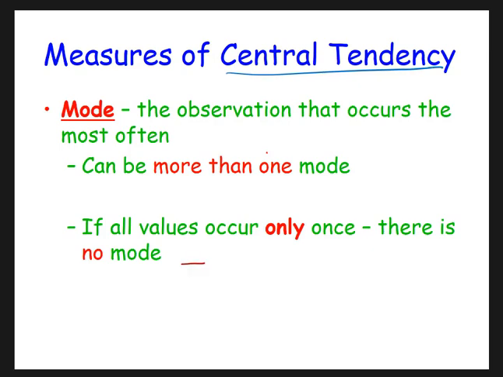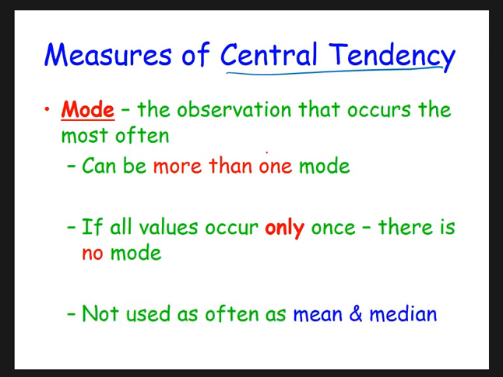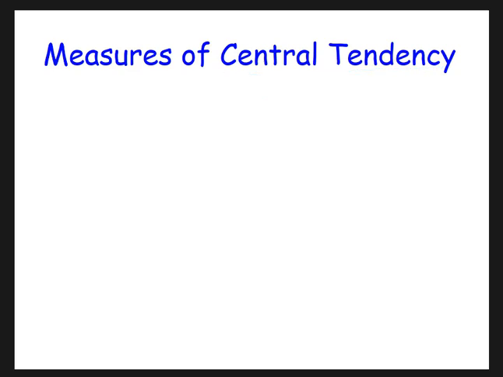The mode for numerical data is usually only useful for very large data sets. If we have a lot of numbers there, then the mode is usually valuable. The other place it's valuable is in categorical data. If we're looking at favorite color again, we can't calculate a mean of a color, but we can tell which one occurred the most often. So the mode is not used nearly as often as the mean and median.